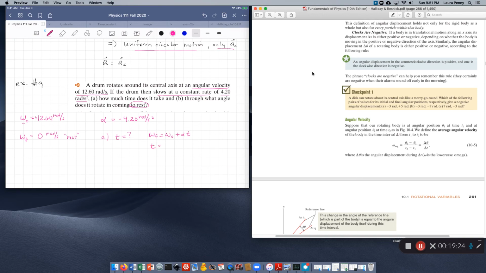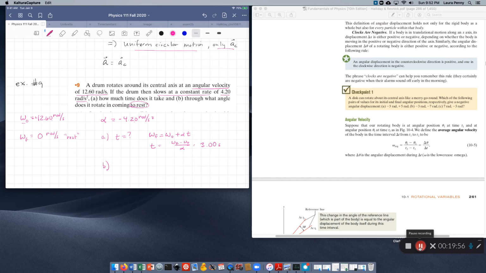Move this all around and plug everything in. I end up with a 0, subtract a 12.6, and then divide by a negative 4.2. So negative 12.6 divided by a negative 4.2, and it gives me 3 seconds.